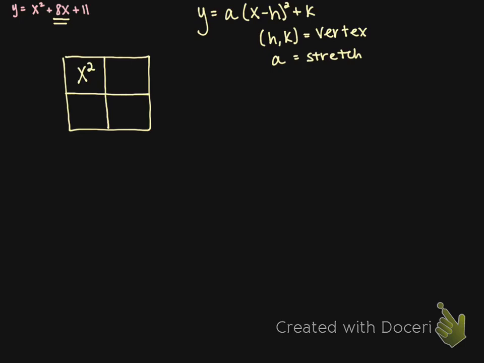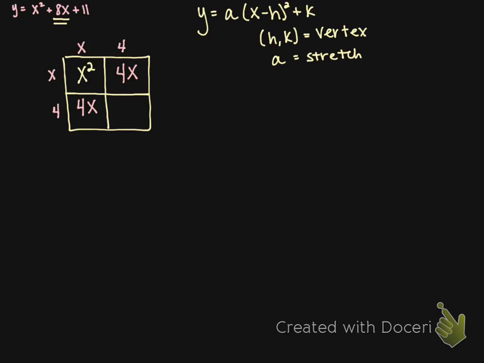So we will take our 8x, split it up into two equal parts, which will give us 4x and 4x, which will then allow the dimensions of our box to be x plus 4 times x plus 4. We know these are the dimensions since x times x gives us x squared, x times 4 each gives us the 4x.